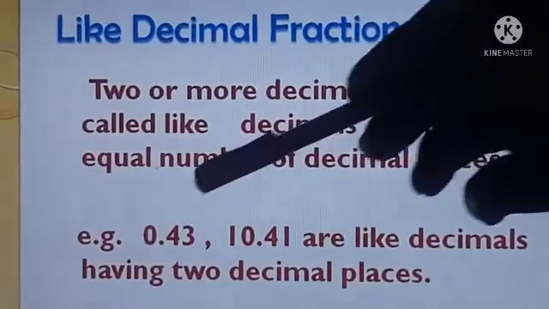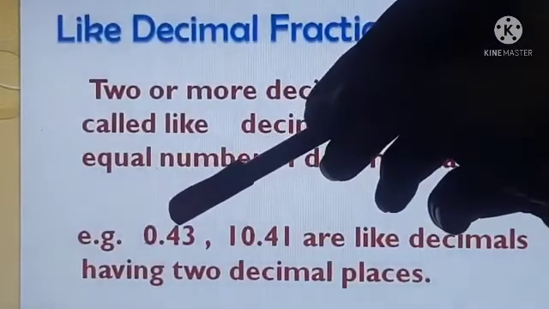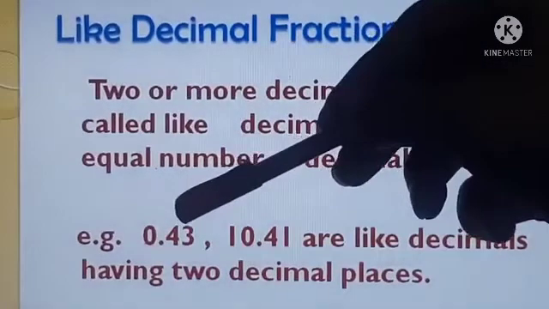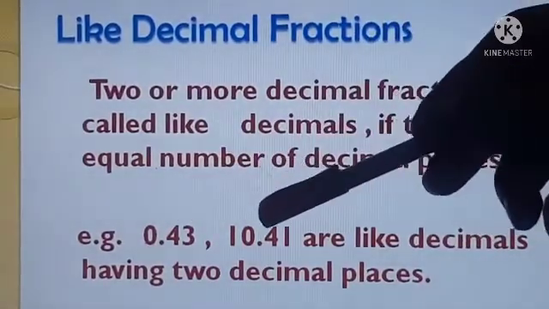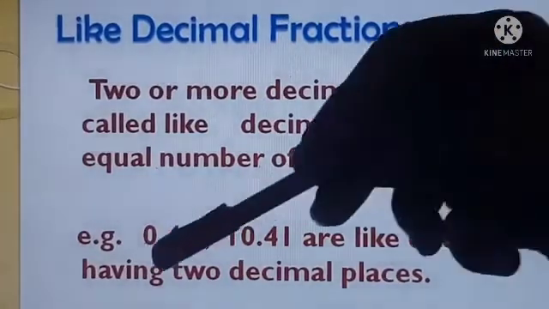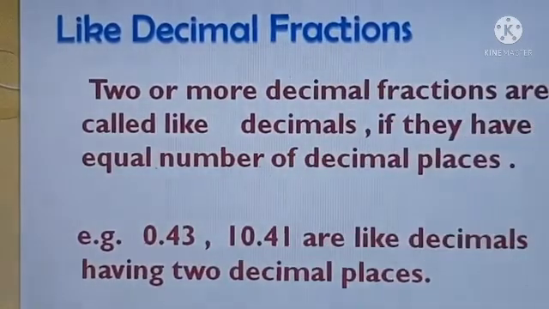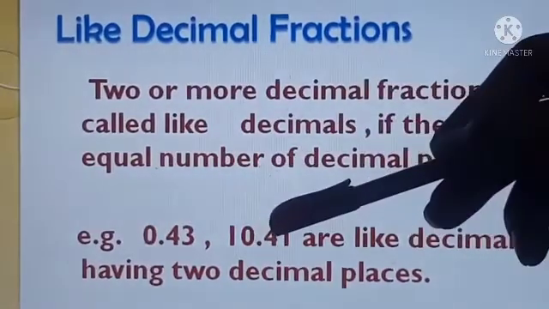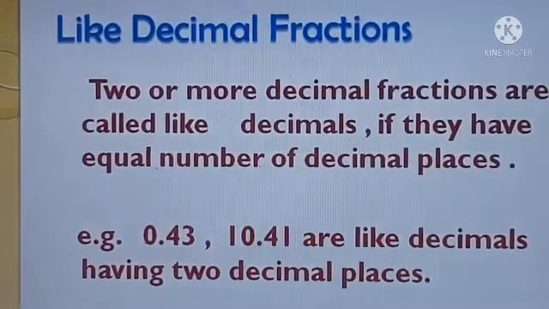How are we reading, beta? After the decimal we will read single digits. 0.43, 10.41. So these are like decimals having two decimal places after the decimal. After the decimal, 1 and 2, two decimal places. So these are examples of like decimals.